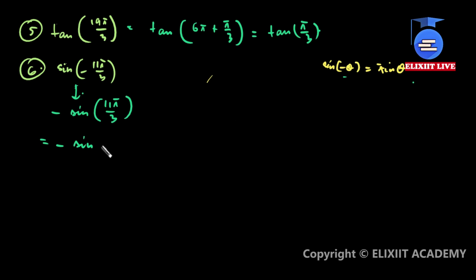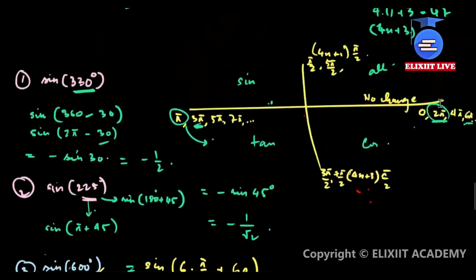Can I write this as 4 pi minus pi by 3? 12 pi minus pi, that's 11 pi by 3. So it is 4 pi minus pi by 3.